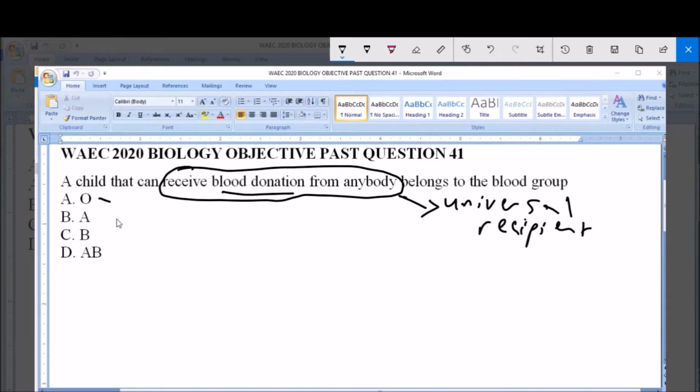Now, the blood group O is known as the universal donor.